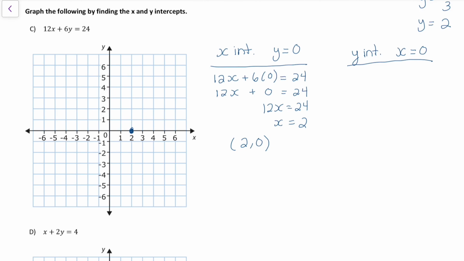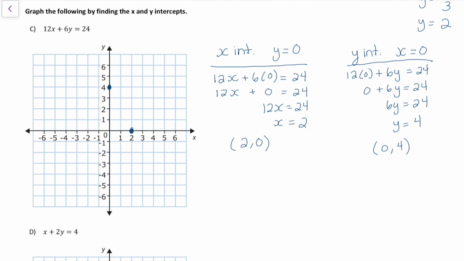And so I'm going to substitute 0 in for x. I get 0 plus 6y equals 24. So 6y equals 24, and I'm going to divide both sides by 6, and I get y equals 4. So when x is 0, y is 4. So now I have my 2 points.